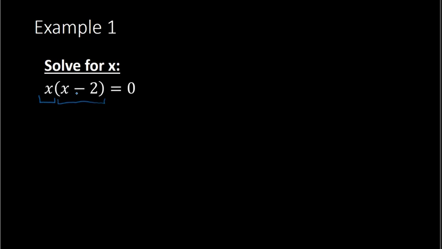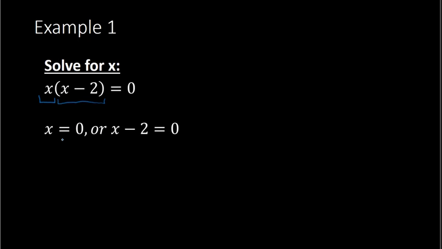And when you multiply these together, it says our answer is 0. Well, based off the zero product property, we know that when we multiply two numbers together, and my answer is 0, that one of those two numbers must equal 0. So we know that either this first number, x, will equal 0, or we know that x minus 2 must equal 0. And then from here we can solve if needed.